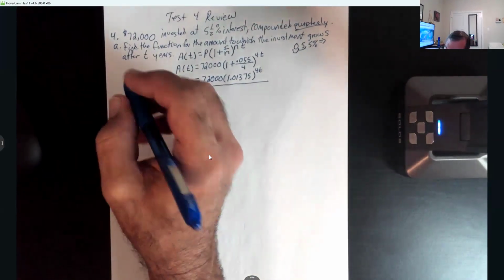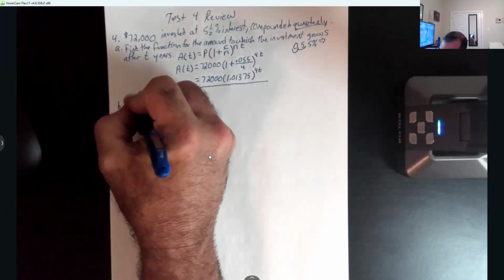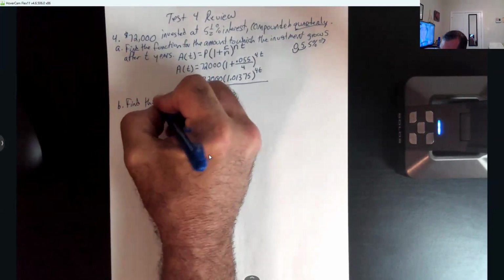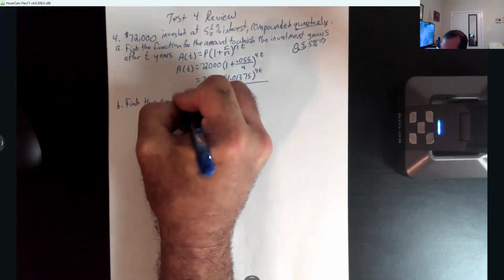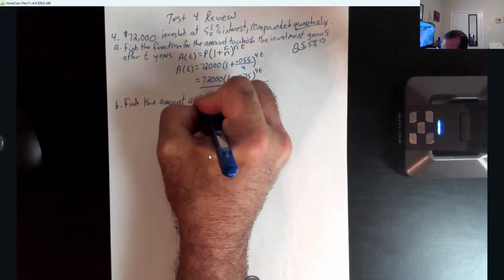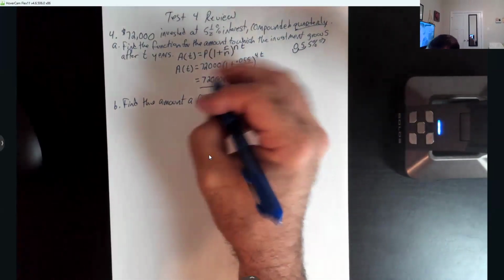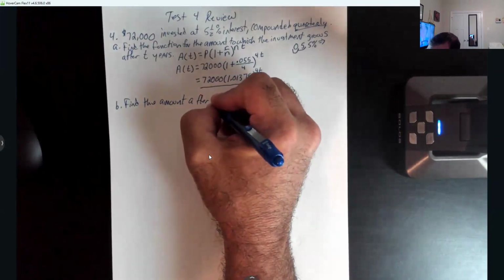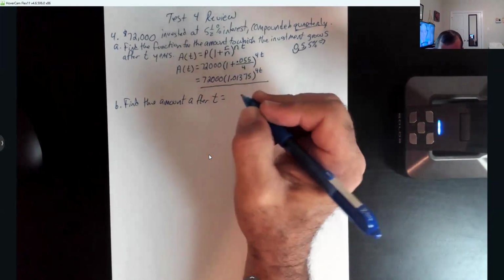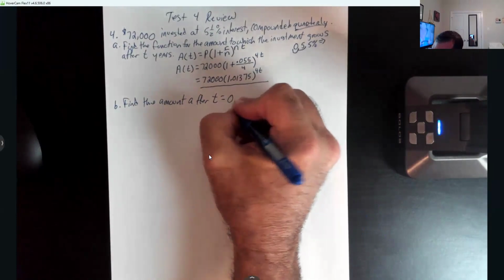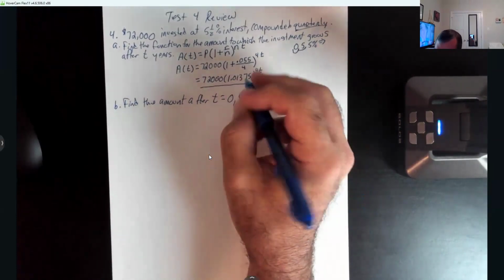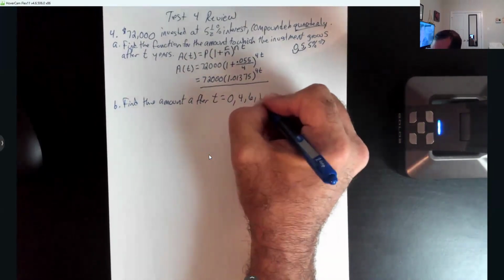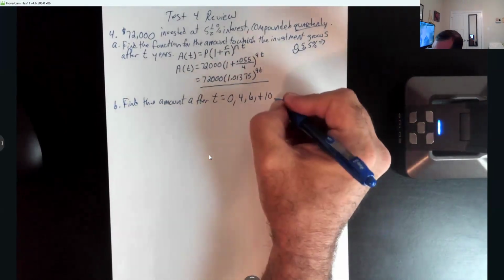Now part B, find the amount after t equals 0, 4, 6, and 10 years.